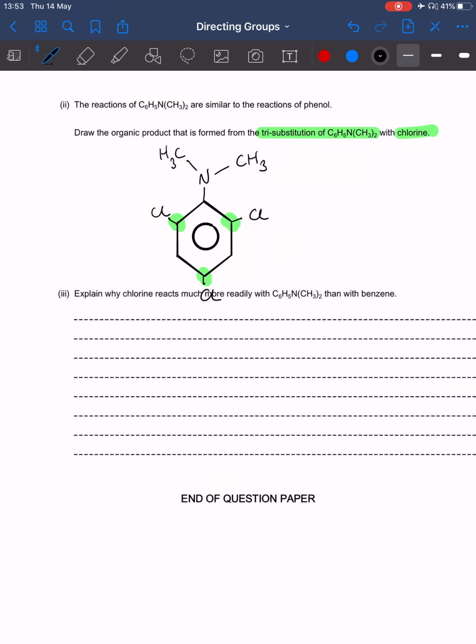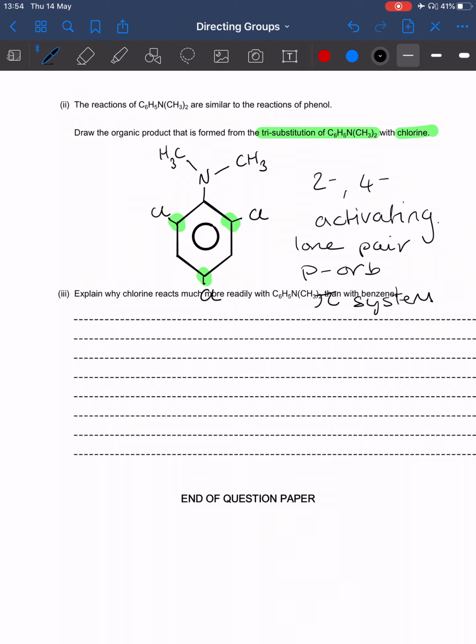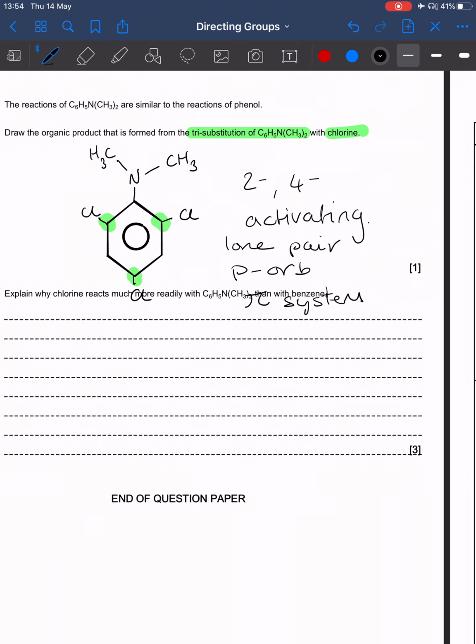We know it's 2,4 directing, which means that it's an activating group. When we talk about activating, there's a couple of things we need to mention. Lone pair, p orbital, pi system. How many marks are we looking at here? 3.